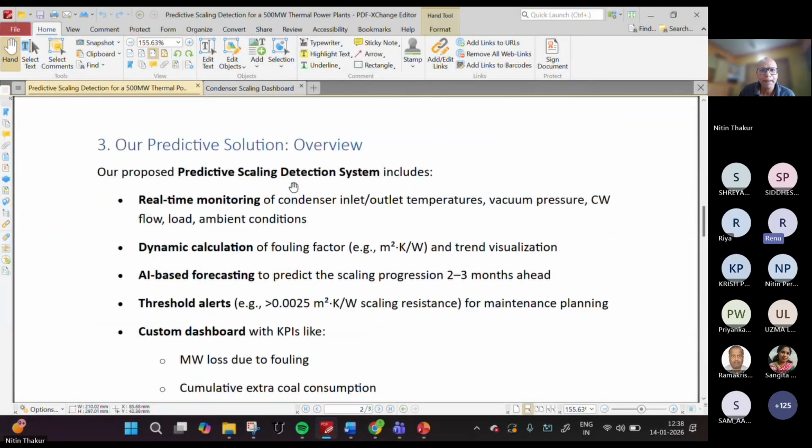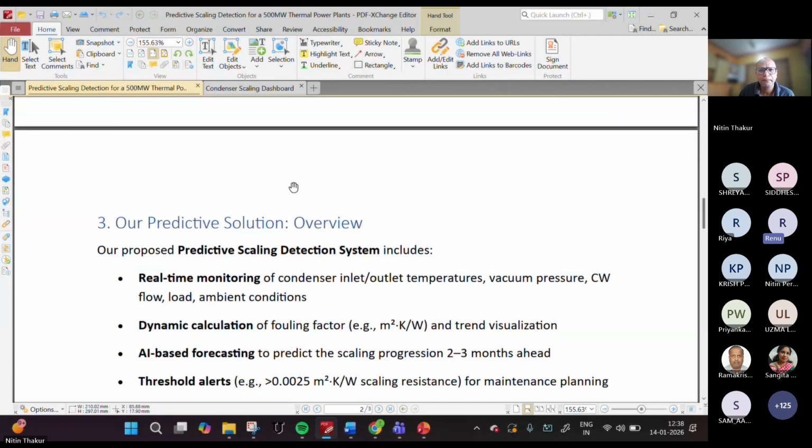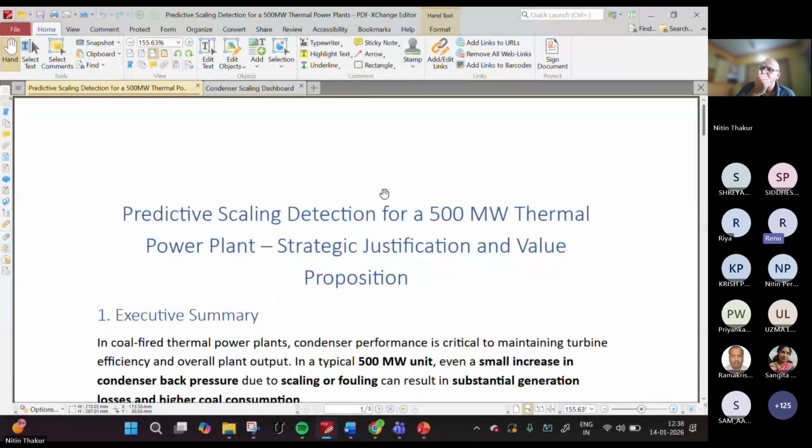Nitin, yes, I have a question. You mentioned that based on the prediction, we can limit the use of coal. Can we automate the system? Like if we have more pressure drop on the condenser side, we can limit the coal input.